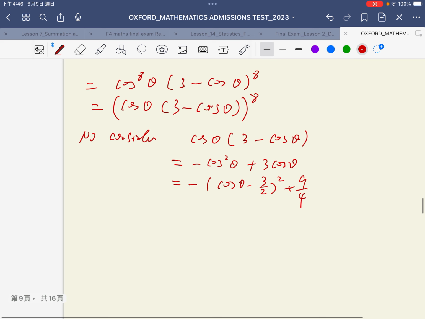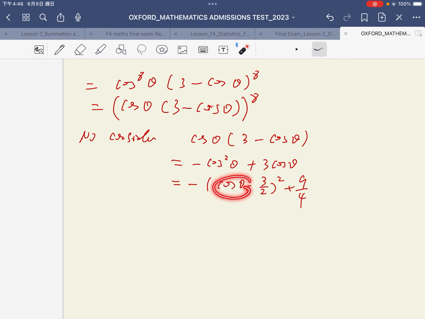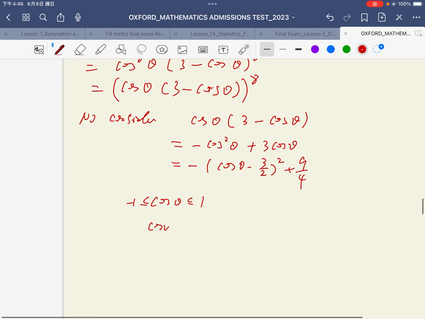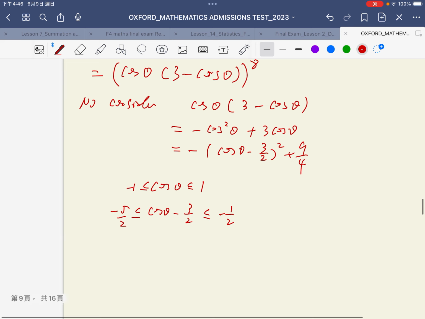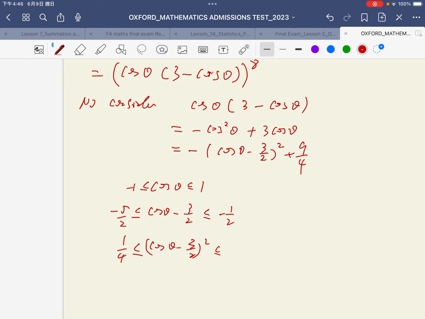Starting from this one, as the cosine value lies between minus 1 and 1, cosine theta minus 3 over 2 lies between minus 5 over 2 and minus 1 over 2. Taking the square, the least value is not 0 but 1 over 4, and the greatest value is 25 over 4.